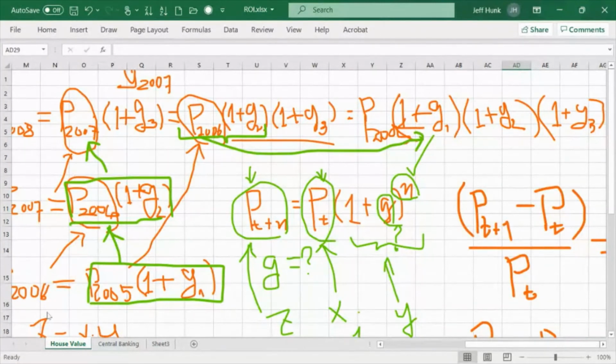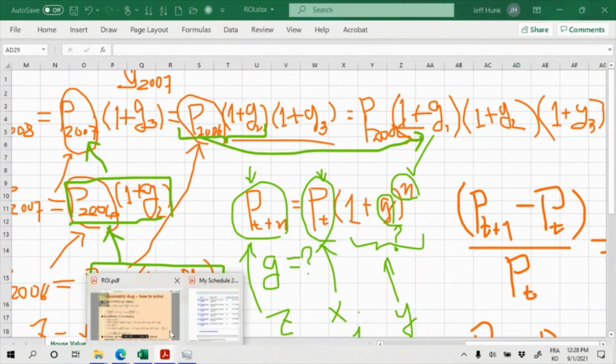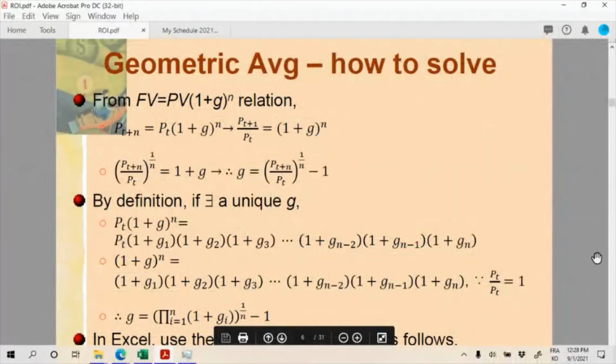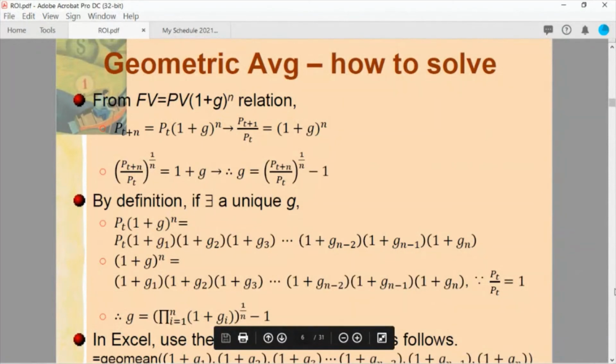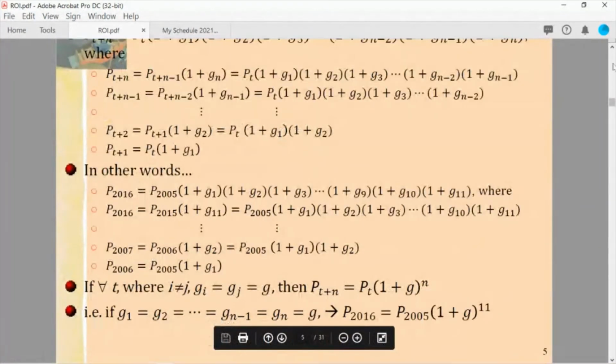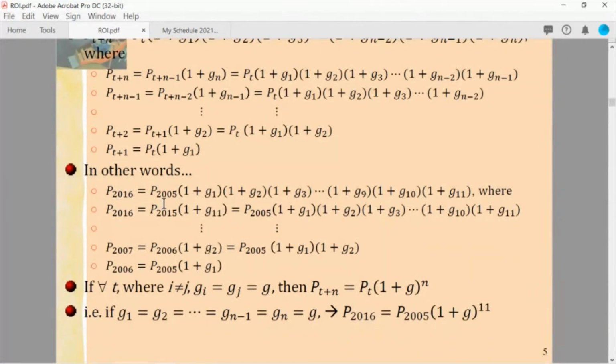It's a tedious job, but if I continue to express it like that, the 2016 price will eventually be the 2005 price times 1 plus G1 times 1 plus G2 times 1 plus G3 all the way to times 1 plus G11, right?